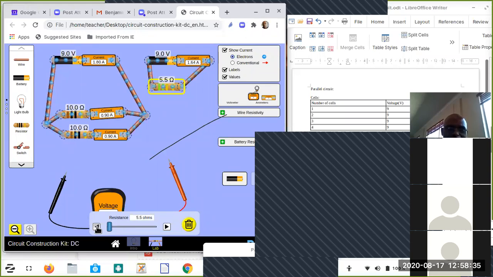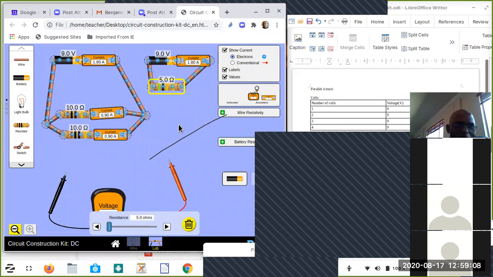I must have 1.8. Right. So what it means is the resistance that we have on this resistor is equal to the resistance of the circuit where we have two parallel resistors. So how much resistance is it? 5.